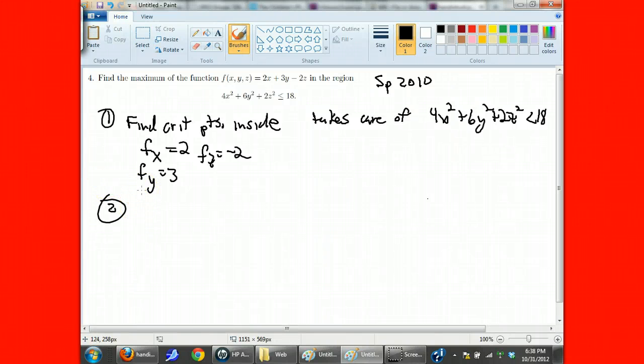The boundary becomes a Lagrange question. The equals to part on the boundary is a Lagrange question when it's a curve.